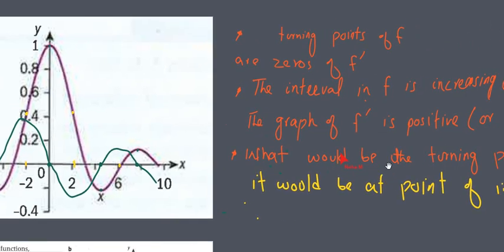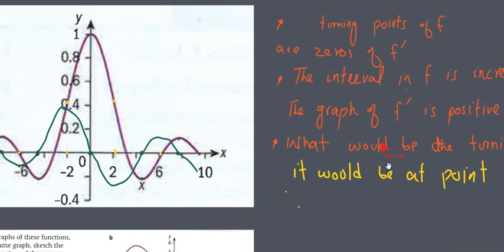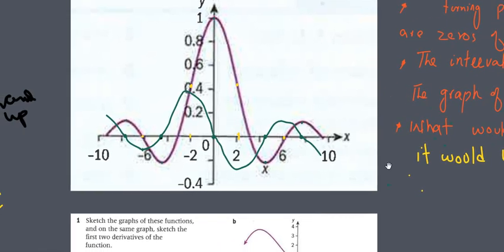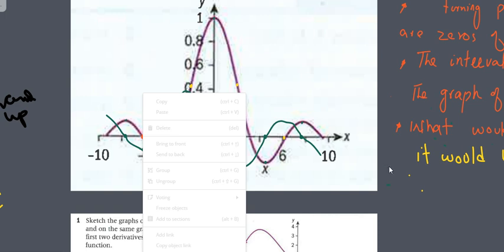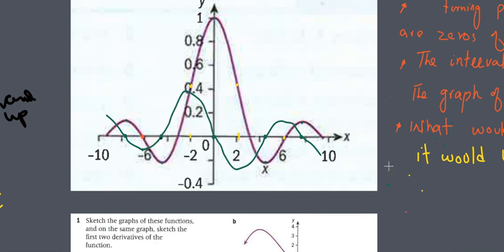The turning point of f will be zeros of f prime. Now I will say that the turning point of f prime will be the zeros of f double prime. So the points at which the function is turning, they will give me the zeros. So you can see the function is turning at this point, so I will get 0 at this point. Clear?